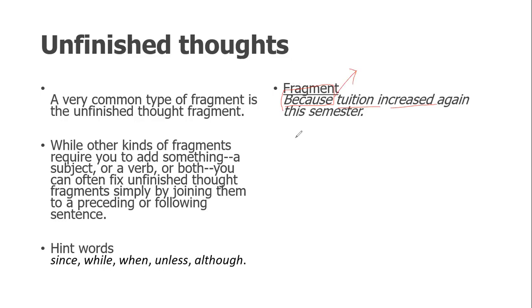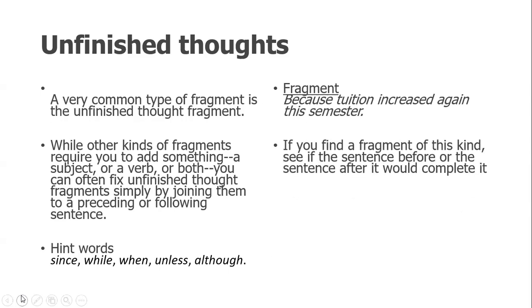Now, to make it a complete thought, how do we better this? What does the rule say? You have to either join it to a preceding or following sentence. Since we do not have the previous sentence, let me give it to you. The hint words are always because, since, while, when. This is often tested to check whether you understand what a sentence and a fragment are. You're not directly asked about it, but it is part of sentence corrections.